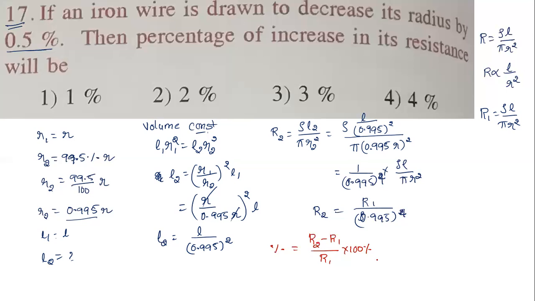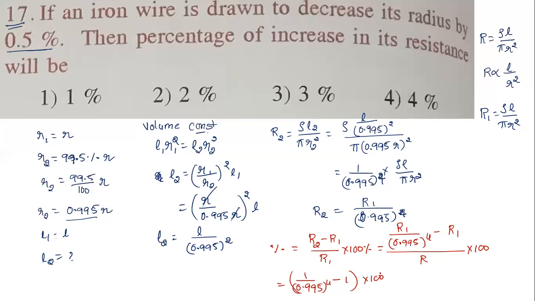R2 is R1 divided by 0.995 to the power of 4, minus R1, divided by R1, into 100. R1 is common and cancels. Remaining is 1 divided by 0.995 to the power of 4, minus 1, and this entire thing multiplied by 100.